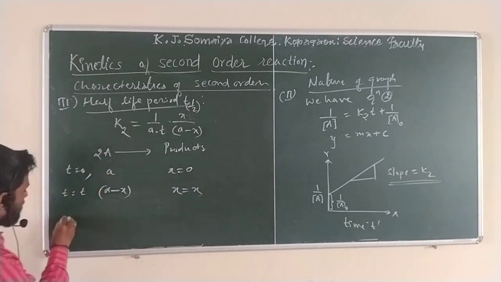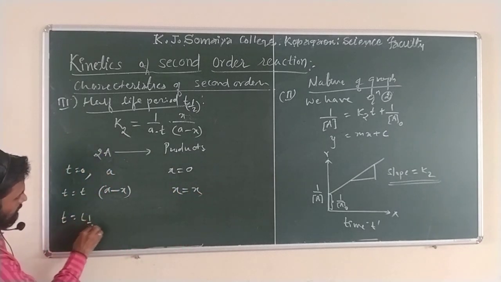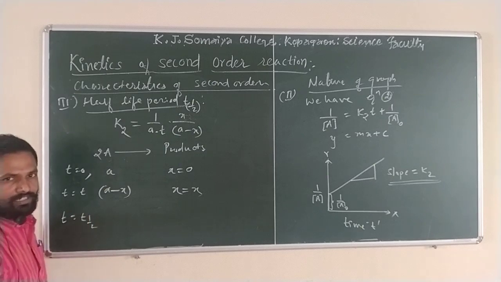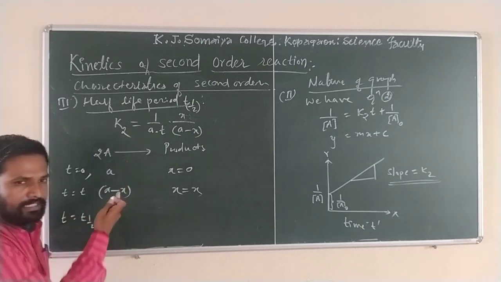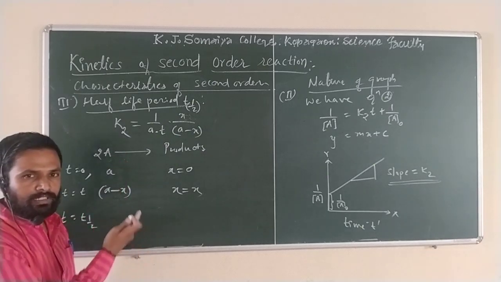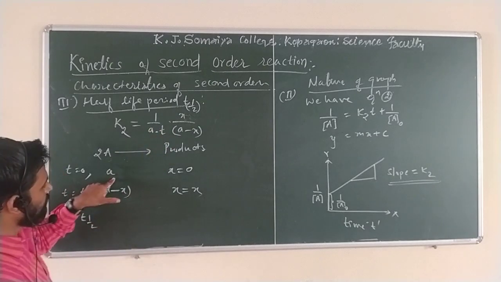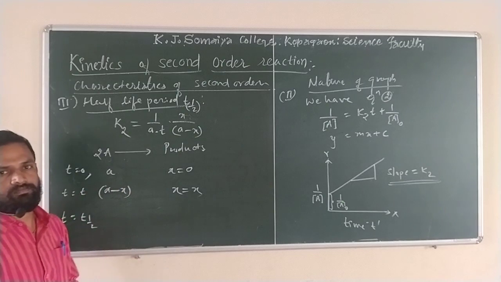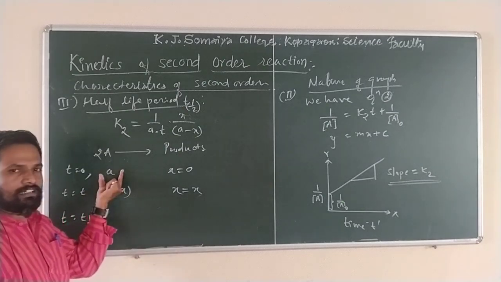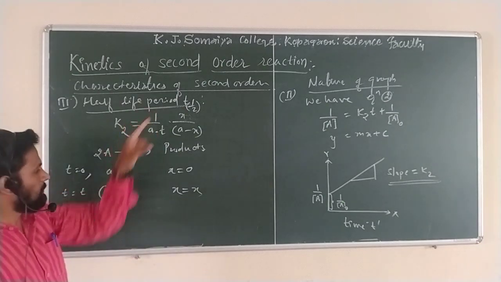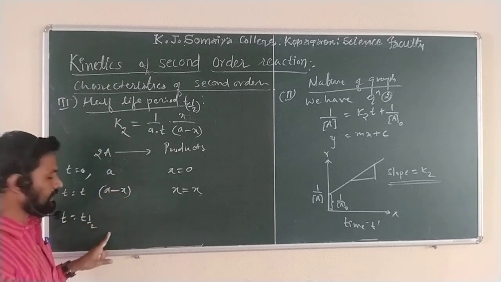When t equals t half, what is t half? The time required to complete half of its initial concentration. If initially 100 is taken, the time required to become 50 is called the t half.